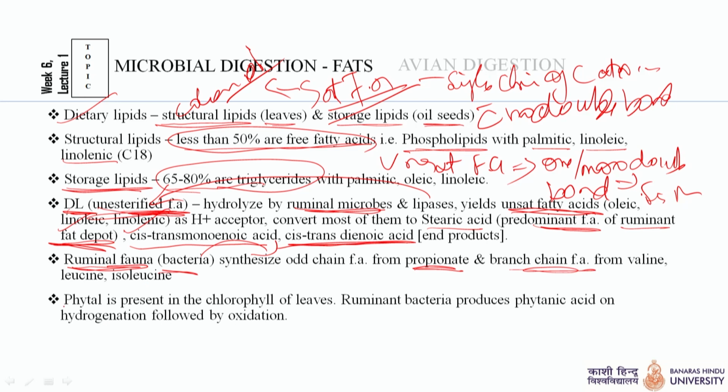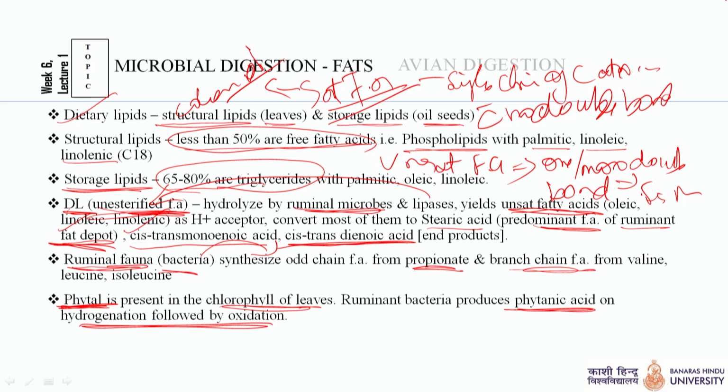Then the next important is phytol. Phytol is present in the chlorophyll of the leaves, where the rumen bacteria act on the phytol, and it undergoes two important biological processes, oxidation and hydrogenation. This oxidation and hydrogenation of phytol yields phytanic acid.